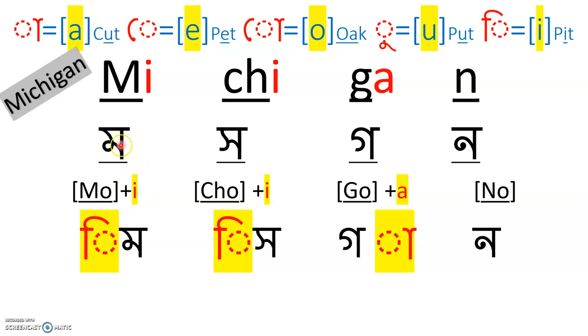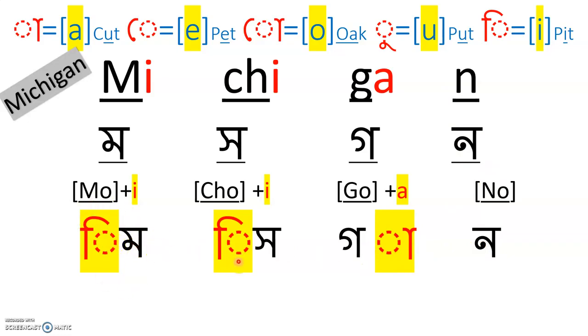So instead of Ma plus I, it's Me. Shaw plus I, basically it's E. So it's She. Ga plus A is Ga, and that's where the symbol goes. And Na stays as Na.